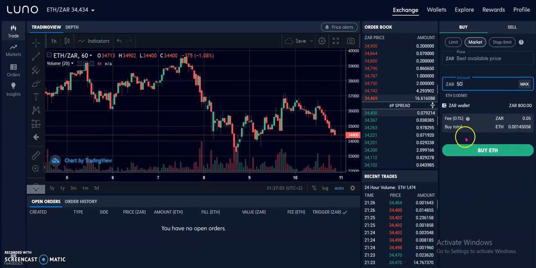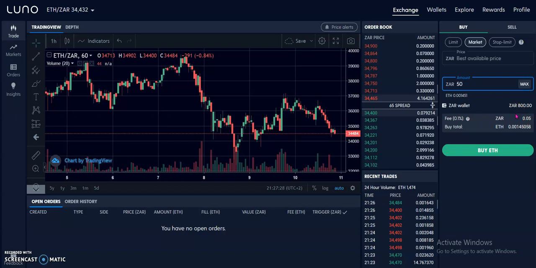You can see at the moment a fee is coming up of 0.1%, and it's going to give us an amount of 0.001451 Ethereum.